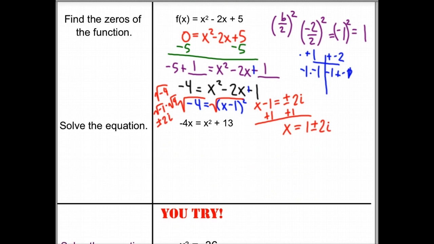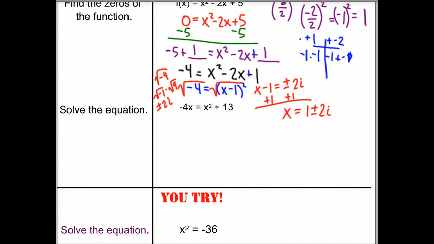We're going to do the same thing here. This one we don't need to set equal to 0, but we do need to get that x term over to the right, so we're going to add 4x. And then we're going to want to subtract 13 to both sides as well. So I'm just going to do that at the same time. So we have negative 13 plus blank is equal to x squared plus 4x plus blank.